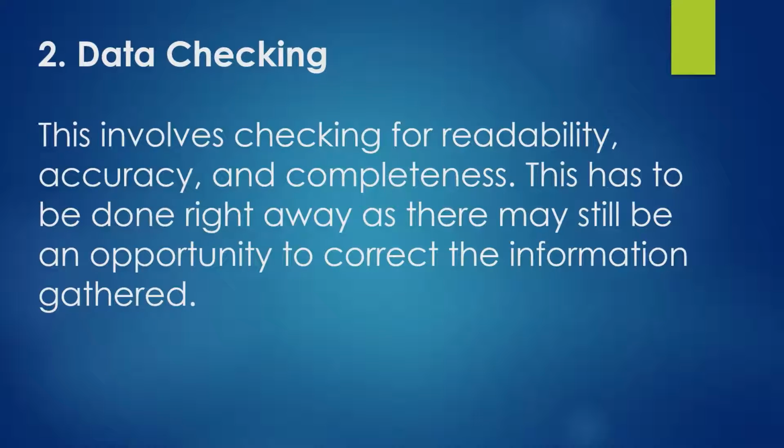Now, in data checking, you check for readability of the data, the accuracy, and completeness. And this has to be done right away. Imagine that you're holding that sheet of paper that has the list of data that were gathered just a few minutes ago, and you look at that list and maybe there are columns that remain blank, and there's still time to go back and correct the information gathered or to ensure that you have complete information.